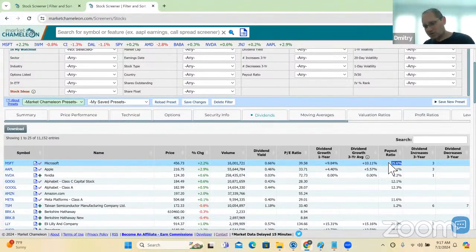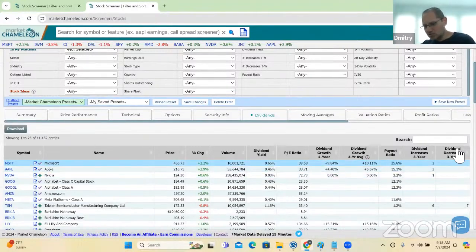Right now, almost 75% of net income is retained by the company to be able to reinvest into other projects, hopefully ones that could generate much higher yields over the long term. So those are the statistics.